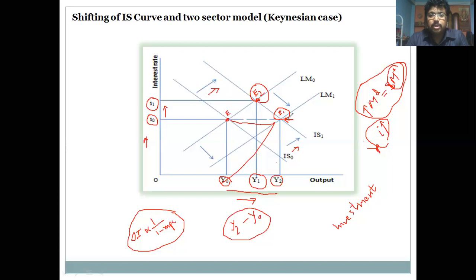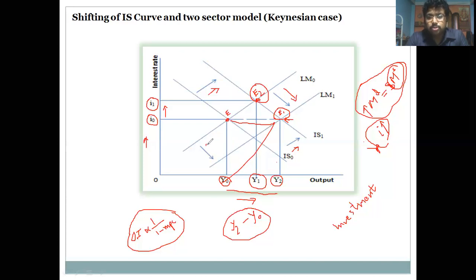If we would like to stay at this point, that is the I0 interest rate, then money supply should be increased. And if there is an increase in money supply, then the LM curve, the initial LM0, will shift towards LM1.